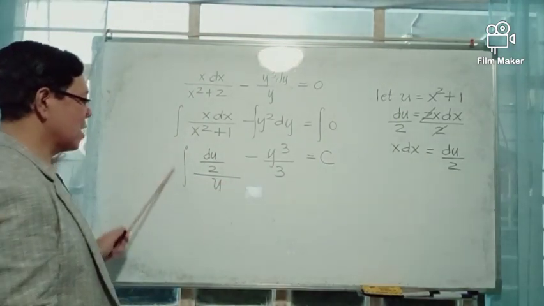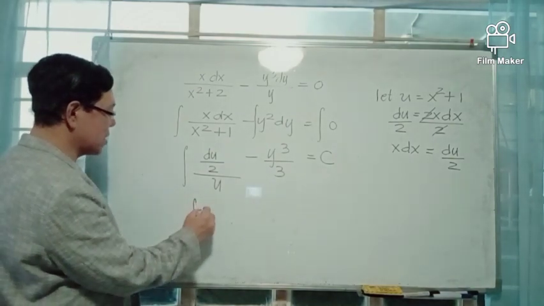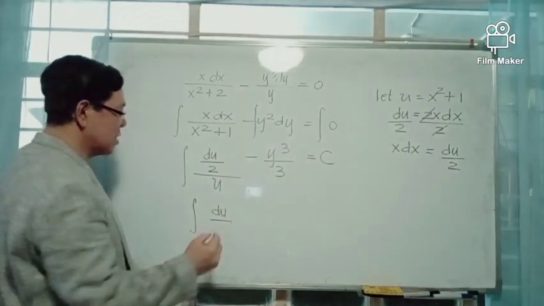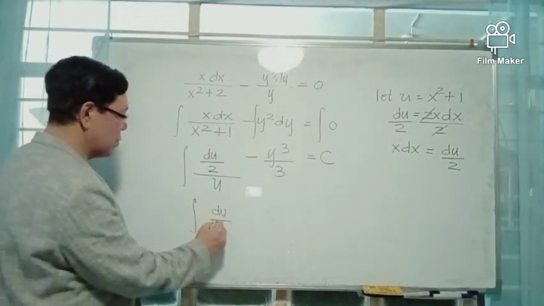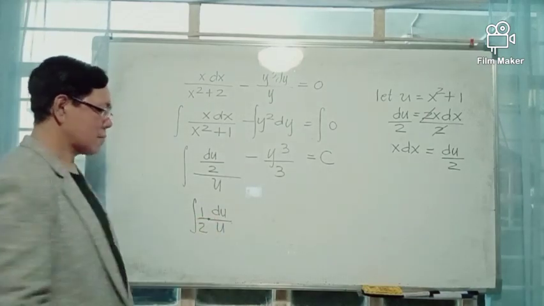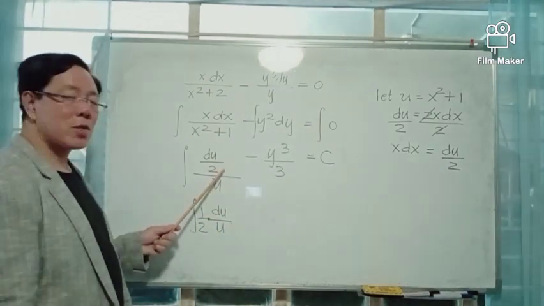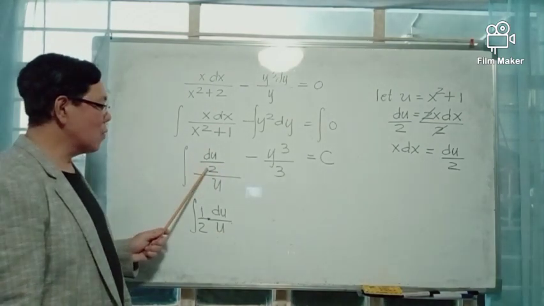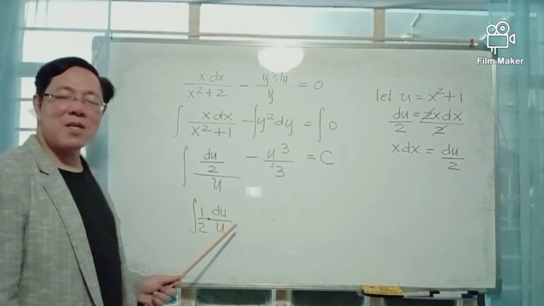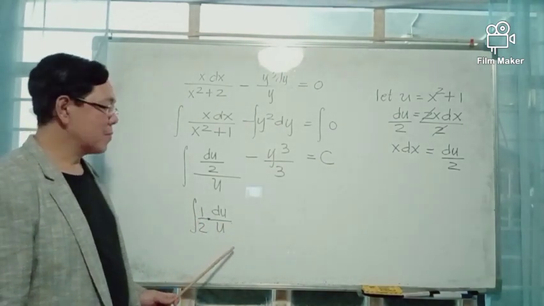And we simplify this. This is equal to the integral of du over u multiplied by 1/2. We multiply u by 2, we get du over 2u. 1 multiplied by du is du, divide by 2u.